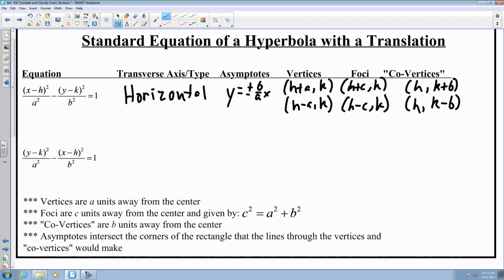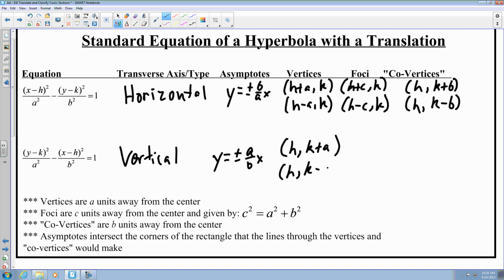Same thing goes for our vertical hyperbola. This one's at y equals plus or minus a over b x. Our vertices are now in the y coordinates, so it'll be h comma k plus a and h comma k minus a.